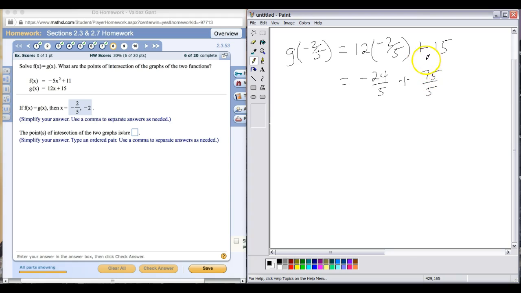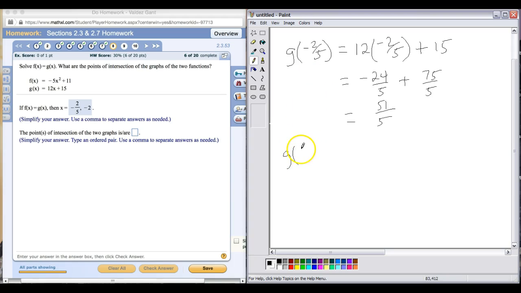Let's see, 5 goes into 75 fifteen times, yes. So now if we do 75 minus 24, that should be, let's see, 75 minus 25 is 50, so we got one more than that. So that should give us 51 over 5. Okay. And so that should be the first one.